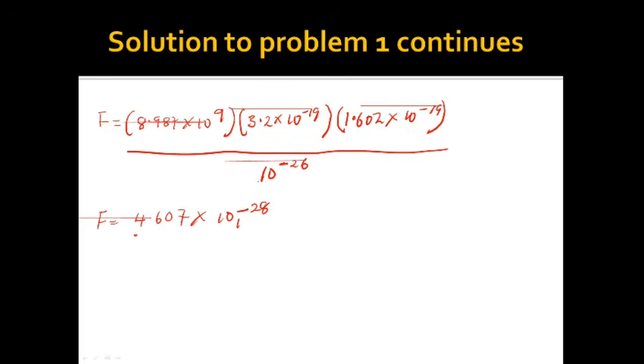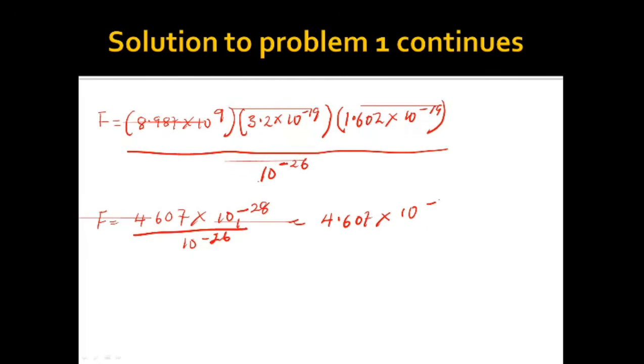Now everything there divided by 10 raised to power minus 26. This practically will give you 4.607 times 10 raised to power minus 28 divided by 10 raised to power minus 26, which is 10 raised to power minus 2.